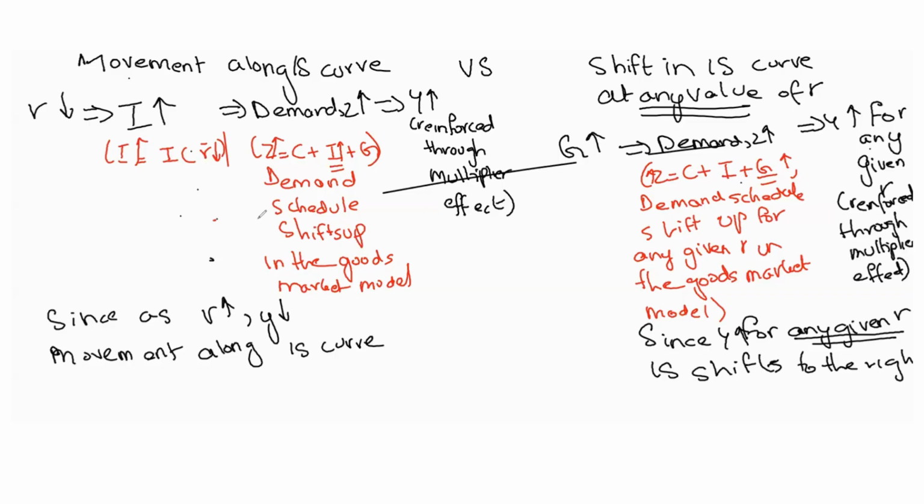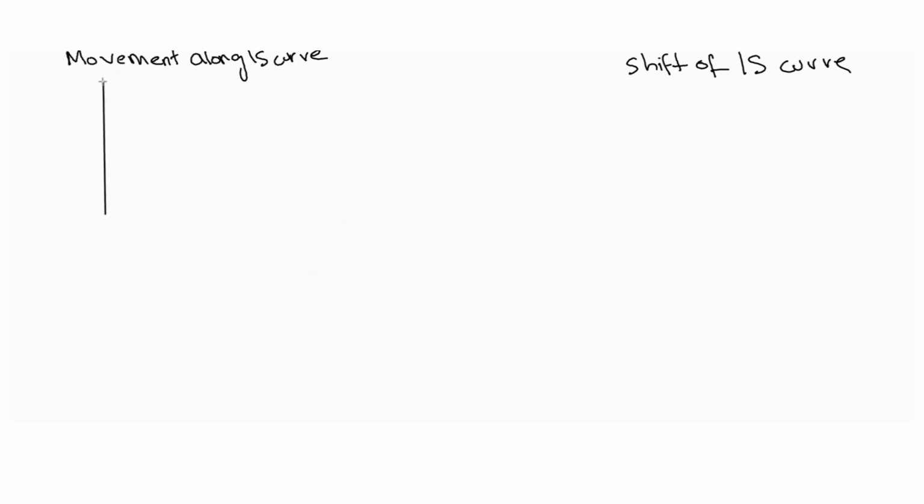Right, so let's now try to understand all of this graphically. First, let's understand movement along the IS curve, and then the shift of the IS curve. So in the top panel we're going to plot our goods market model.